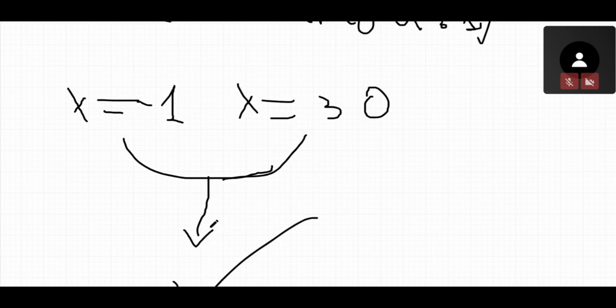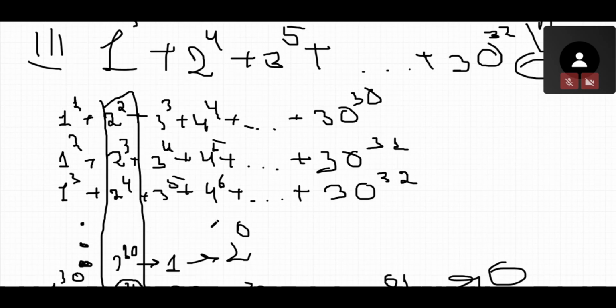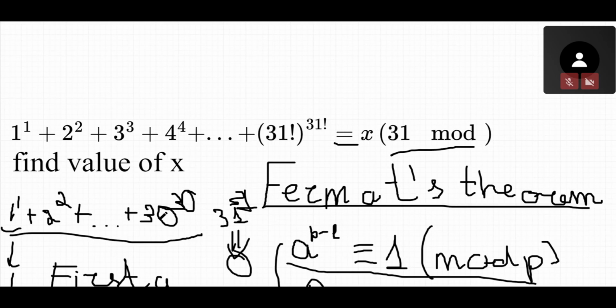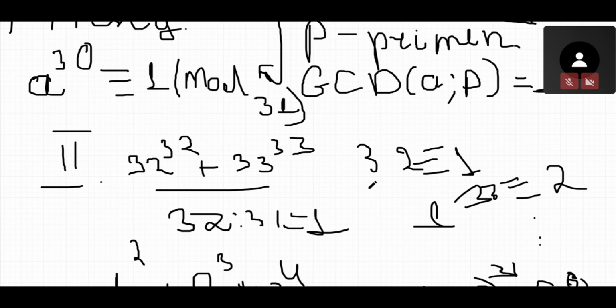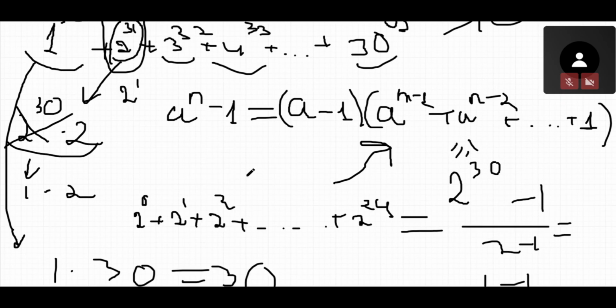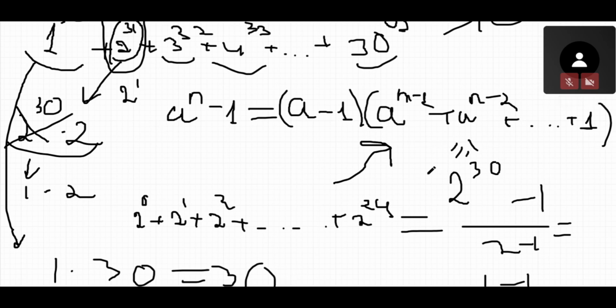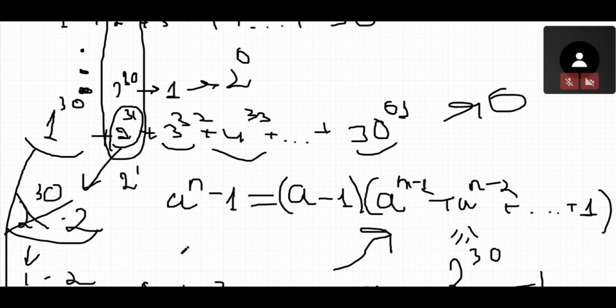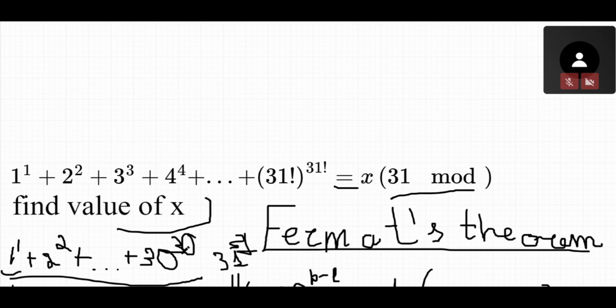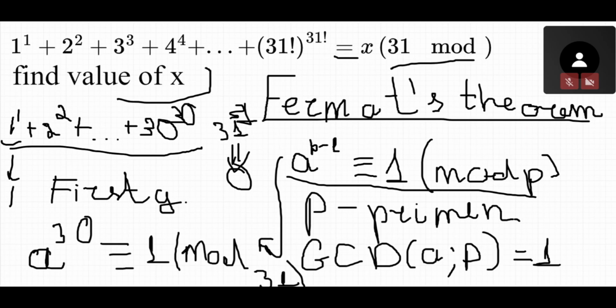Okay, we found the value of x for this question. We used Fermat's theorem and we used the formula, which is also important. It was a not very difficult but very interesting question about number theory.